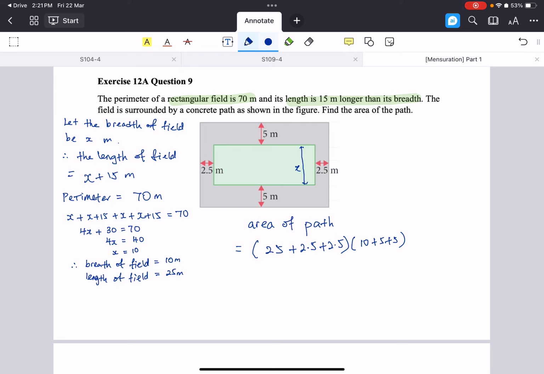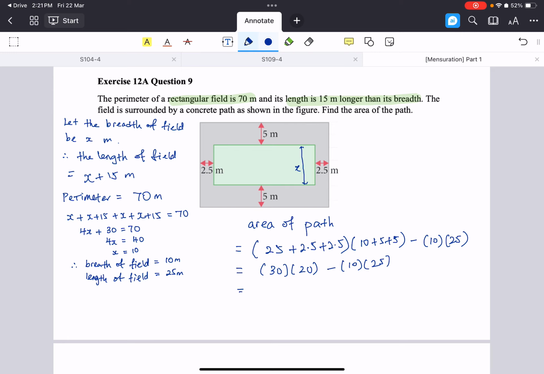And then we will need to subtract 10 times 25. Let's take out the calculator. 25 plus 2.5 plus 2.5 is 30. So it's 30 by 20 minus 10 by 25.